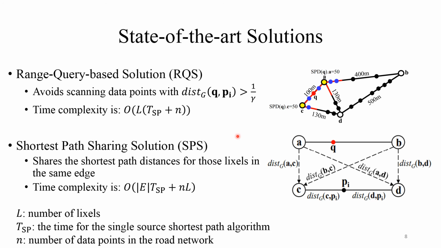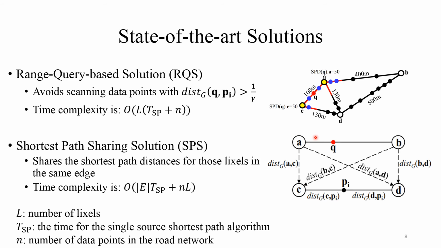Now let's talk about the second one. The second one is the shortest path sharing solution, SPS. The idea of this method is that it shares the shortest path distance for those lixels in the same edge. Using this figure as an example, those shortest path distances, that means these dashed lines, can be shared to all lixels in this edge AB.